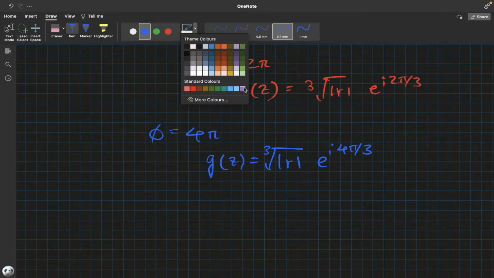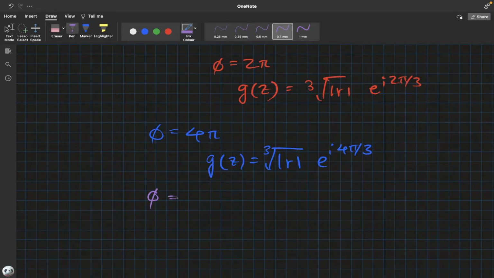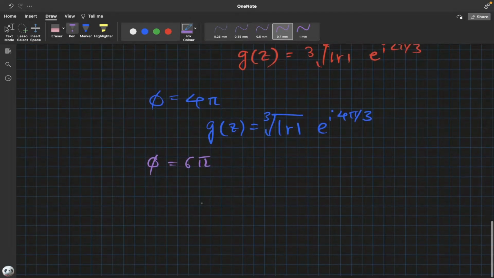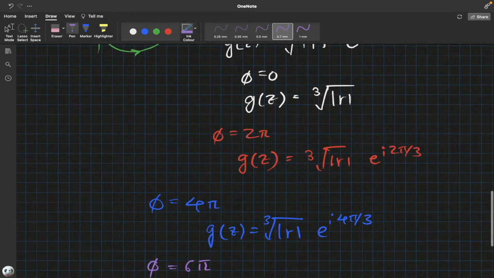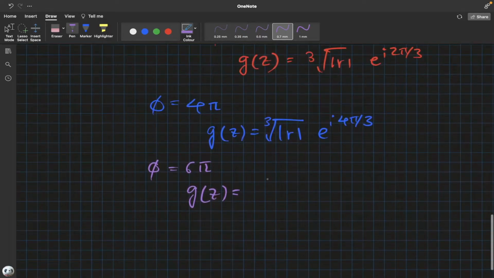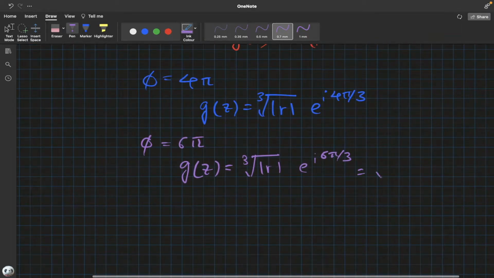Stuff happens all the time, and we're mathematicians, we have to account for stuff like this. So another rotation. That's one rotation, two rotations, and the third rotation complete. And we end up with e to the I 6 pi over 3, which is 2 pi for the phase, which is essentially the start point.